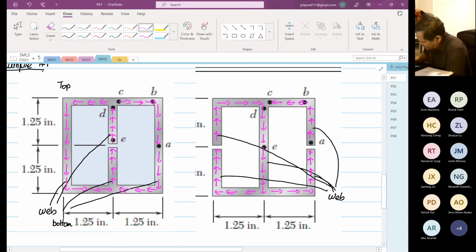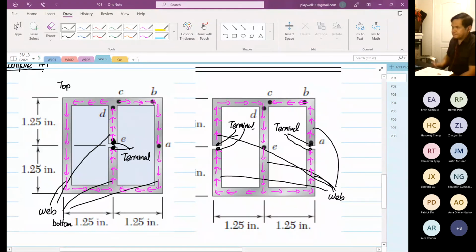So now over here, we realize that this structure on the left, where I drew two dots, this is our terminal. Where everything starts or ends, these are our terminals.